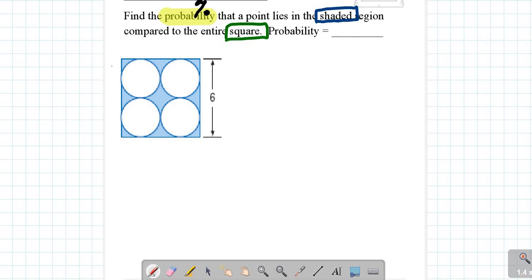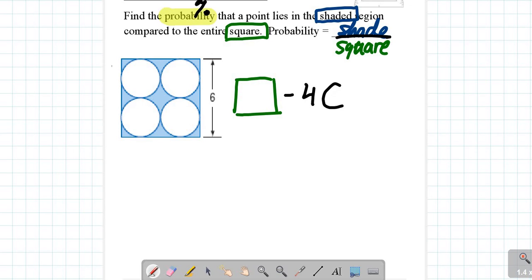So our percent is going to be shaded over the entire square. To get our shaded, it's basically square minus how many circles? 4 circles. That's going to get us our shaded region.